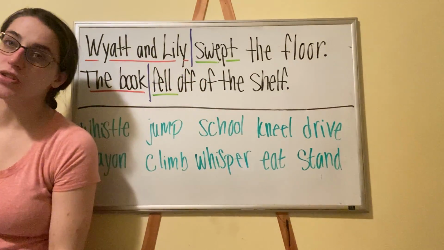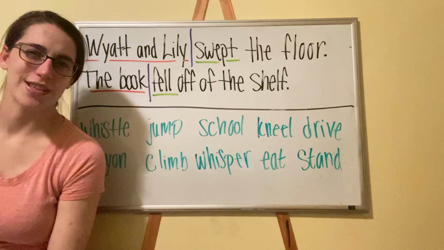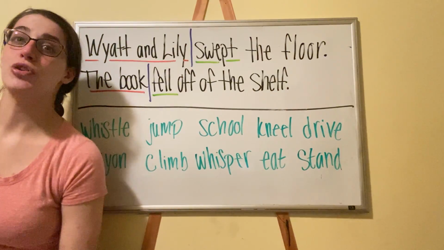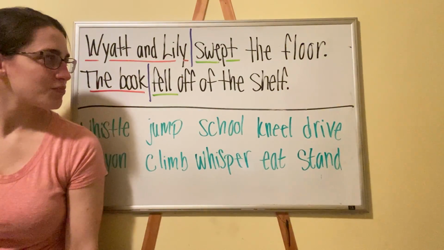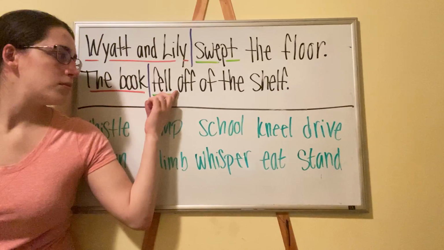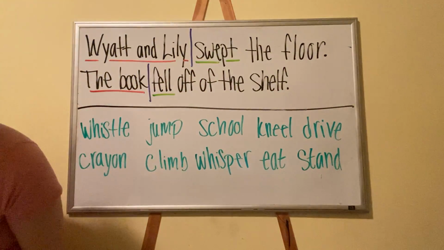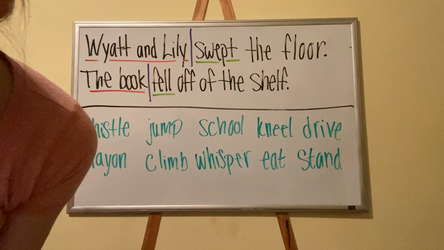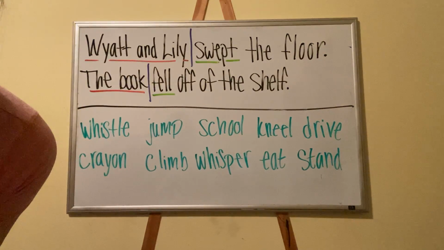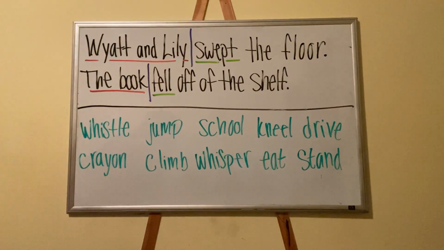That stuff we'll get into more, but you know that I like to talk to you guys about stuff ahead of time so that you're not totally thrown off when we get there. But swept and fell, those are the predicate parts of your sentence. Every sentence has to have a verb. Every sentence has to have a subject. Every sentence has to have a predicate.